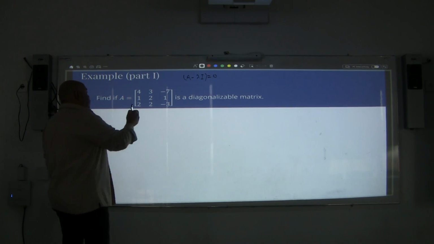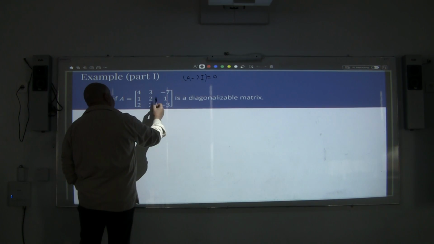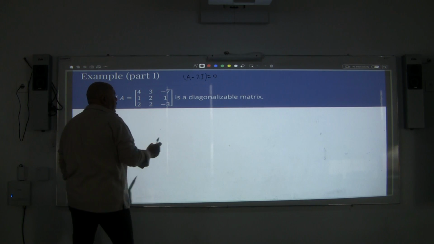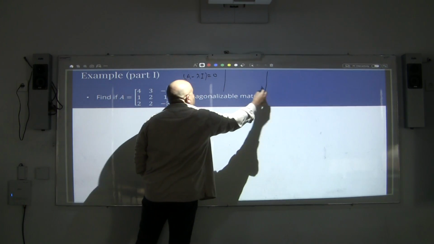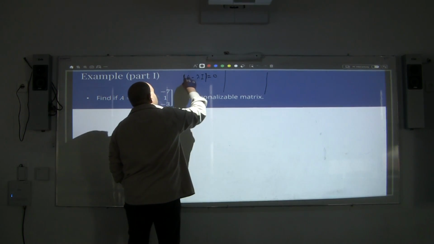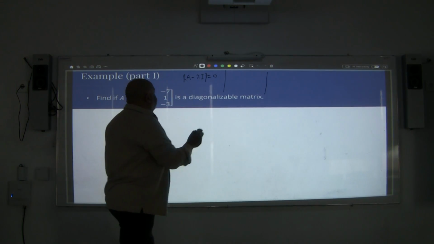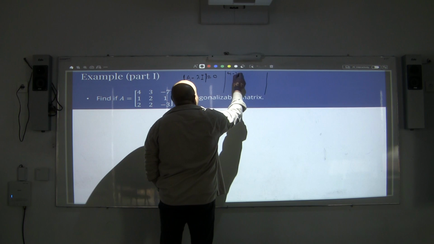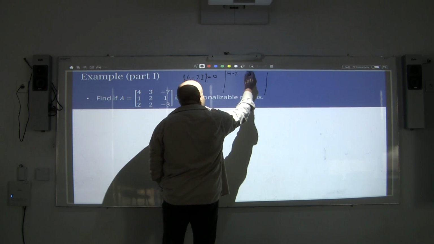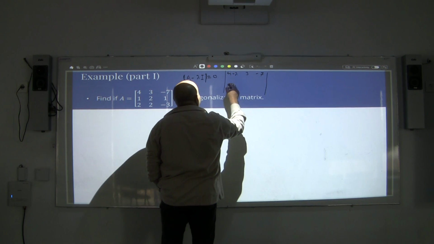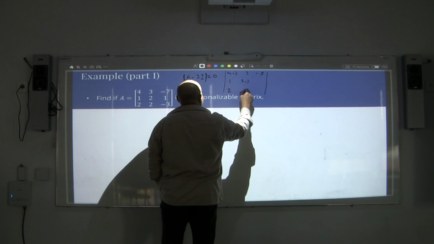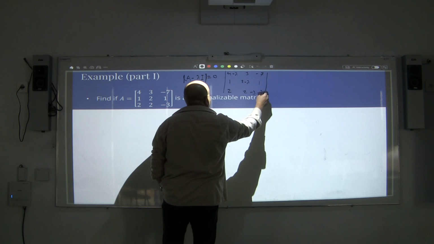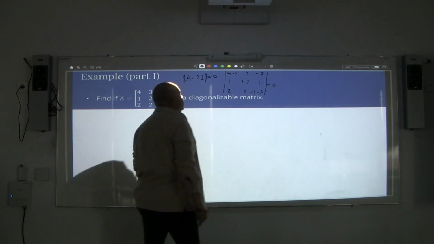If you substitute with this matrix in this form, you will end up having the determinant of the matrix that I told you about, which is going to be 4 minus lambda, then 3, negative 7, then 1, 2, then 2 minus lambda, then 2, 1, negative 3 minus lambda, and it's all equal to 0.